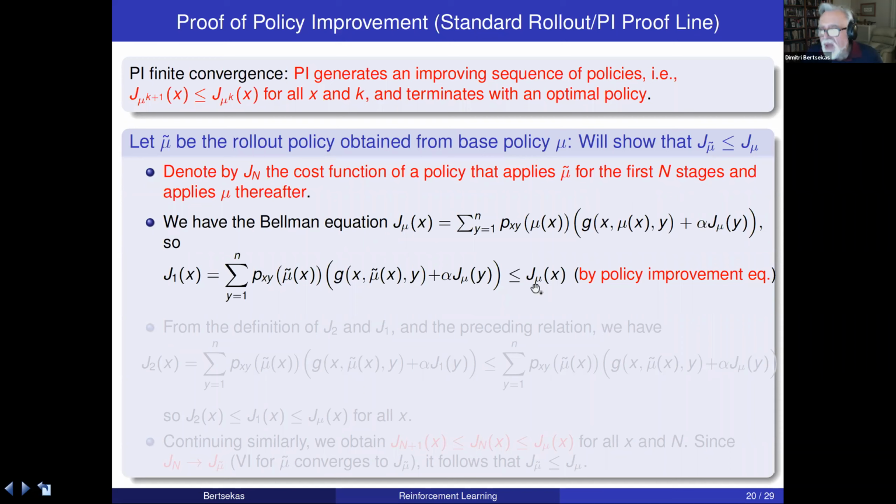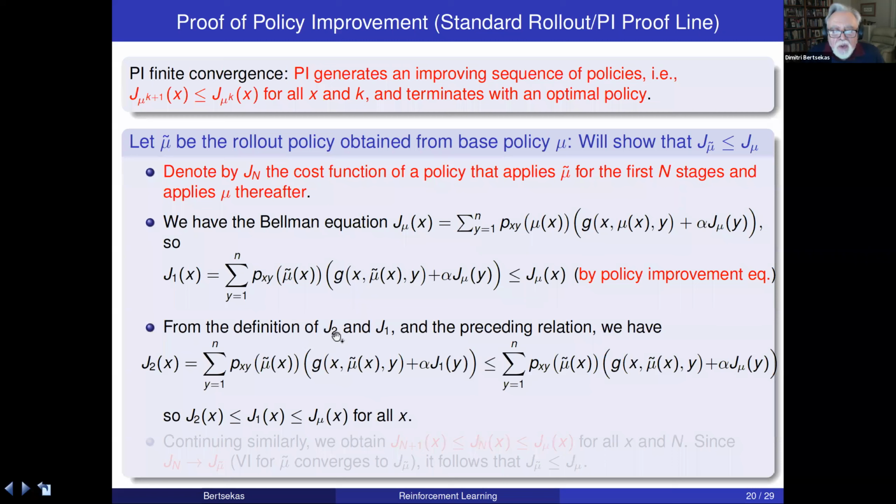And now I'm going to cascade those inequalities going backwards. I'm going to go to J2 and I'm going to prove that it is less than J1 and less than J mu. How so? Well, J2 by definition is the result of applying mu tilde for two stages. So it's the same as applying mu tilde for one stage and then taking J1 as a terminal cost approximation, because J1 is the result of applying mu tilde for one stage and then applying mu after that.